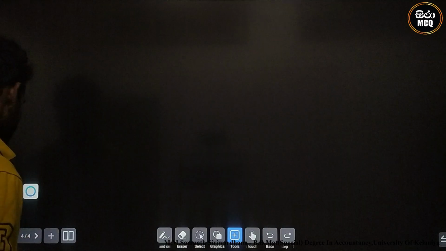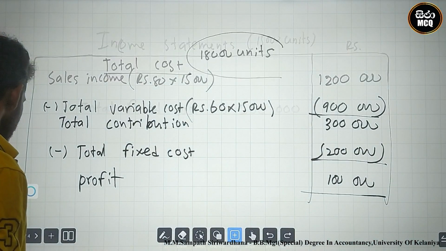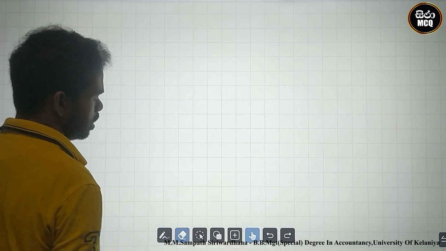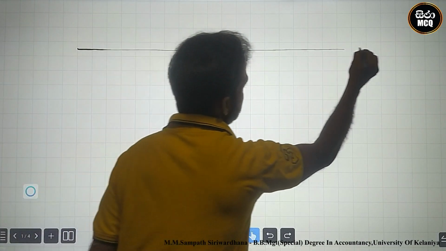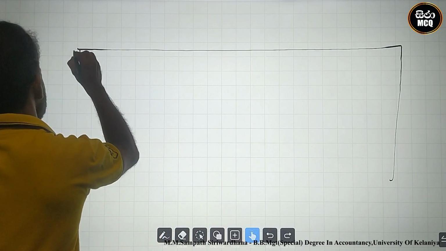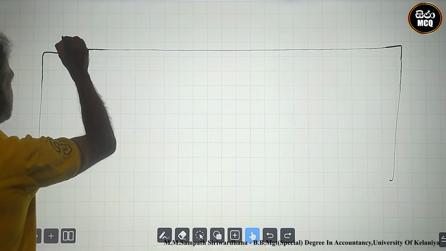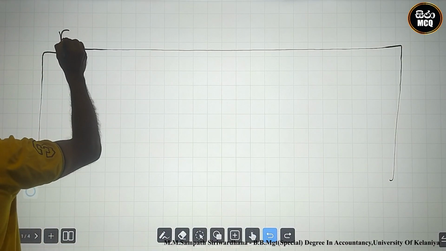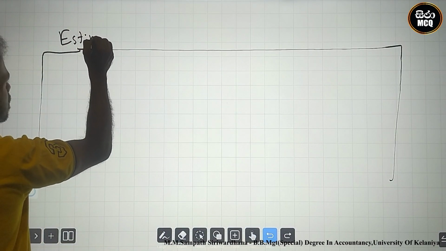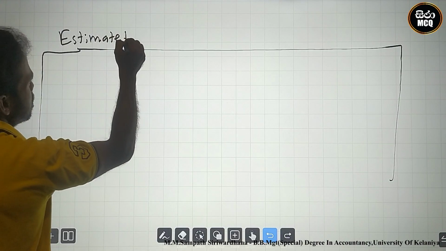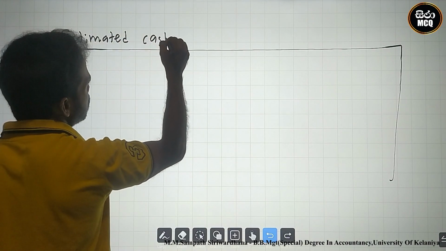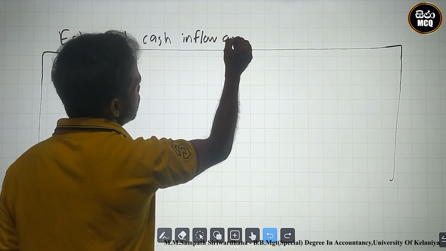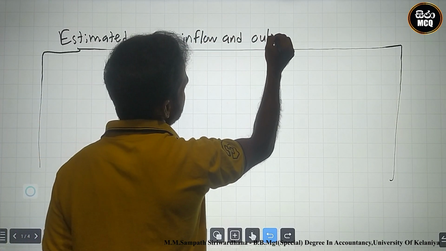Therefore, I prepare a statement, an estimated cash inflow and outflow sheet.